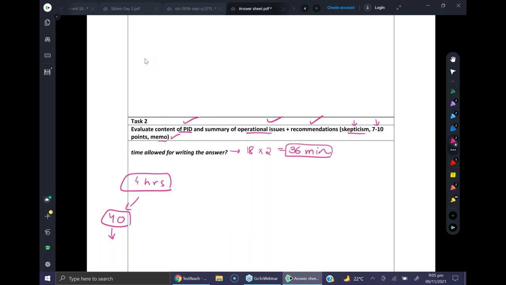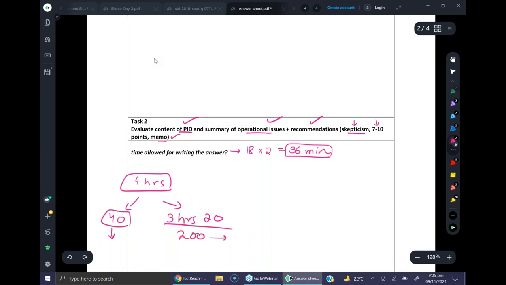So 40 minutes to read and plan the requirements and the exhibits, and the rest, 3 hours 20 minutes, for writing, which is actually 200 minutes. And for 100 marks, you have 2 minutes per mark. This is how we calculate it. But of course, everyone, please listen carefully.